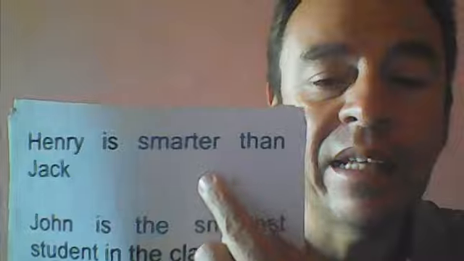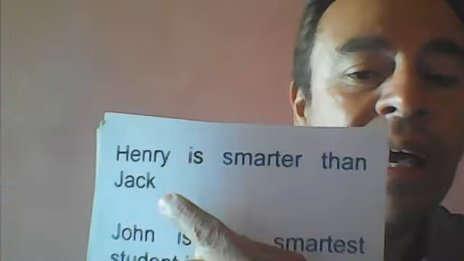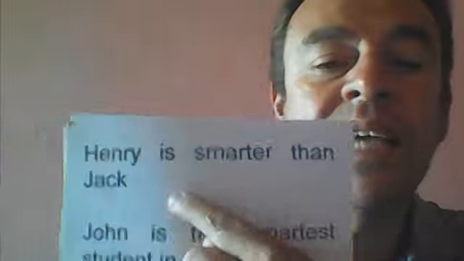Let's work with another adjective. For example, smart. Short adjective, one syllable. It makes a comparative adding er at the end of the adjective and the word than. Henry is smarter than Jack.